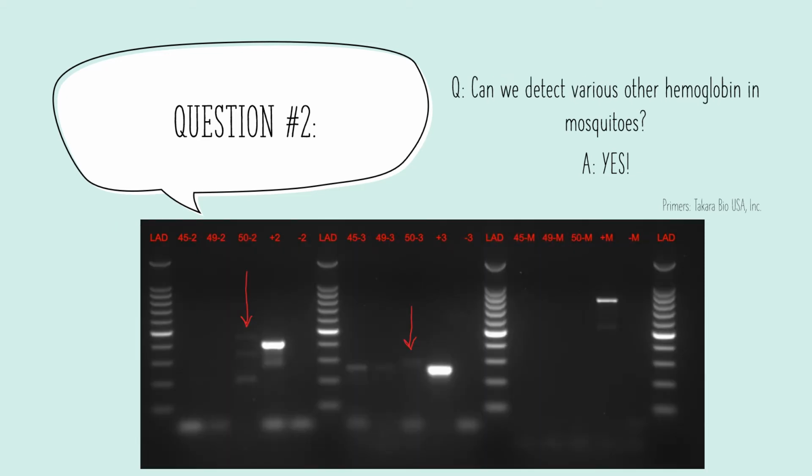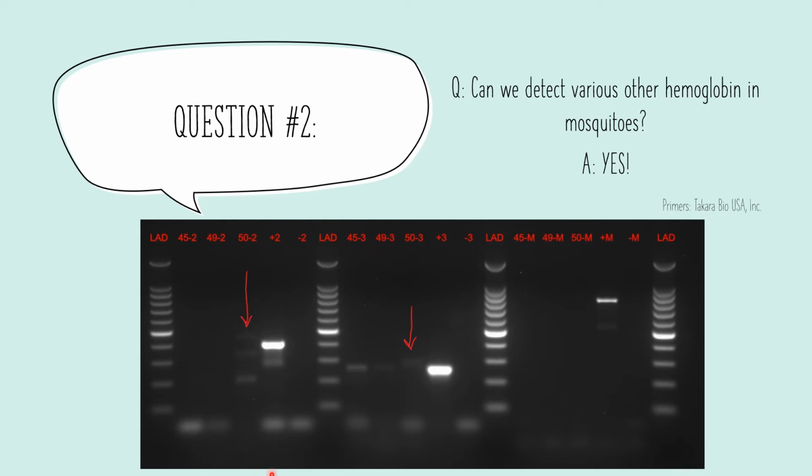So question number 2 was, can we detect various other hemoglobins in mosquitoes? And the answer to that is also yes. As you can see in this lane here and this lane here, for mosquito number 50 for these two hemoglobin primers, we have some bands of DNA, but they don't quite match up to the known control here.